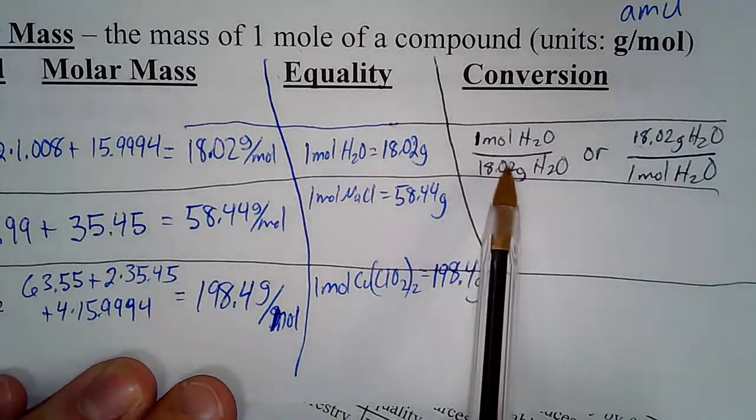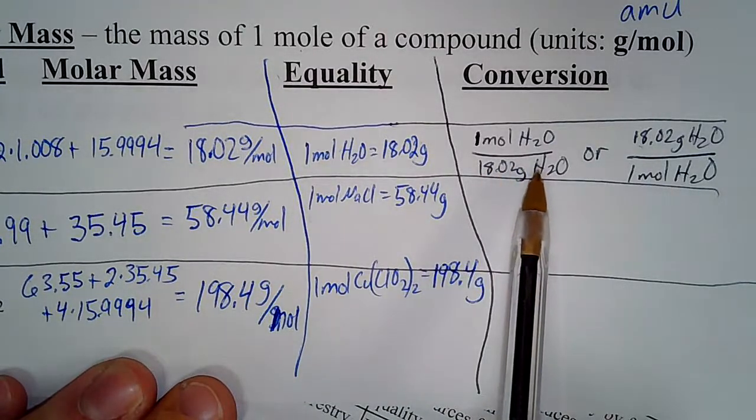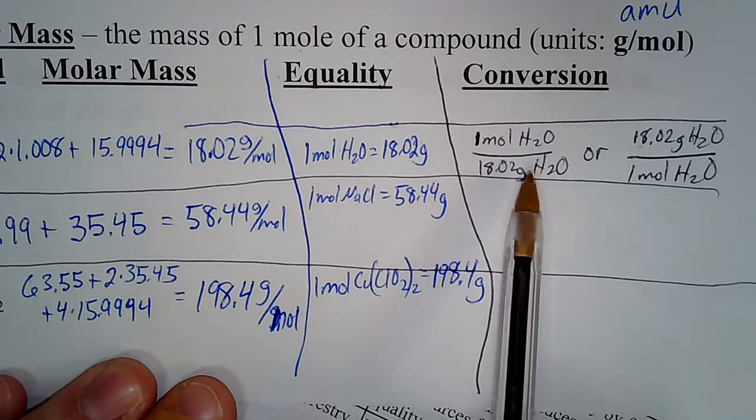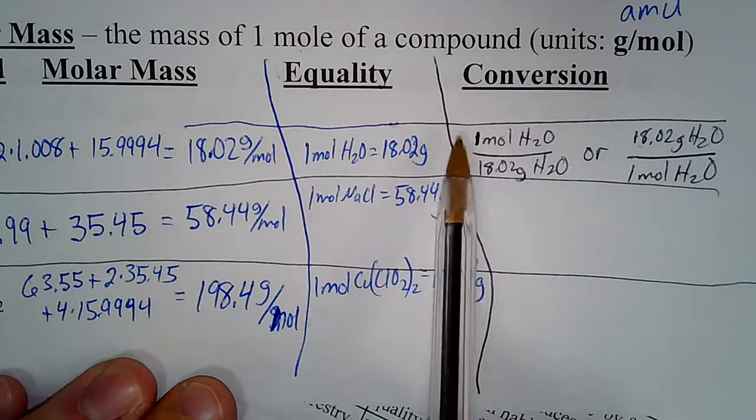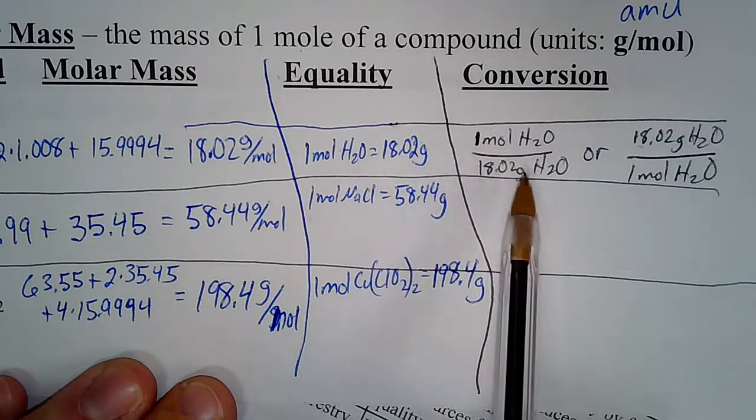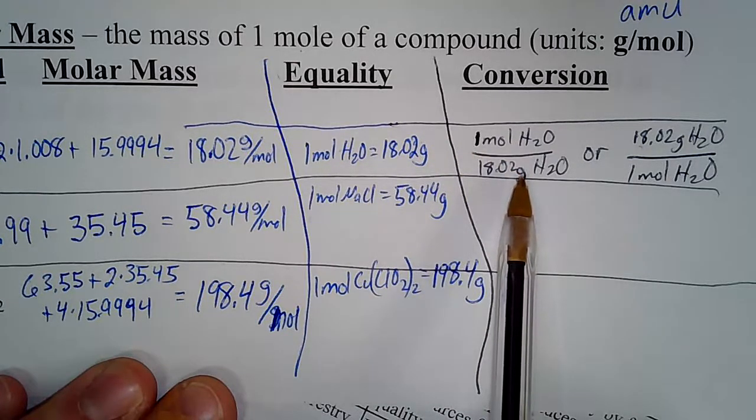Now, if you do the one with the grams on the bottom, what unit are you trying to cancel out? Like, what would you have in front of this in the train tracks if you're putting grams on the bottom here?